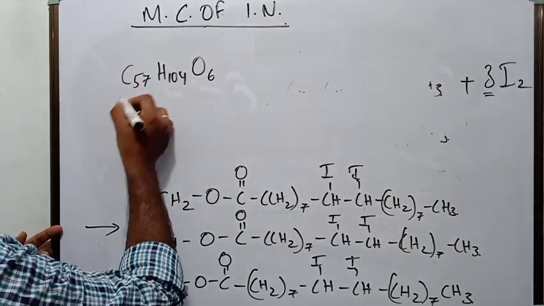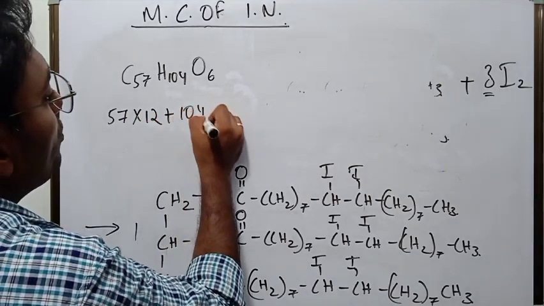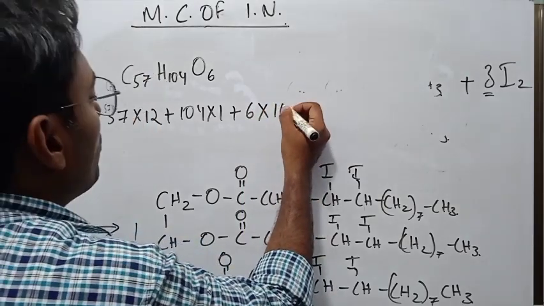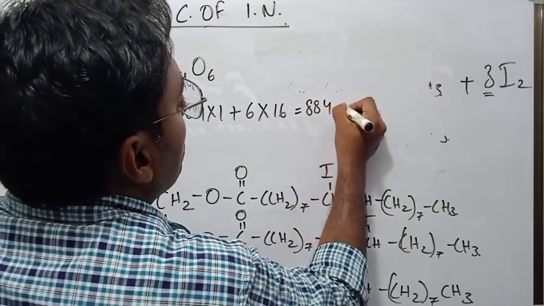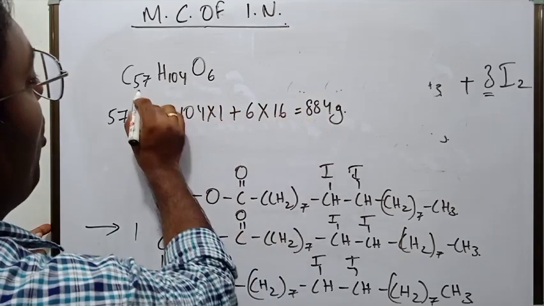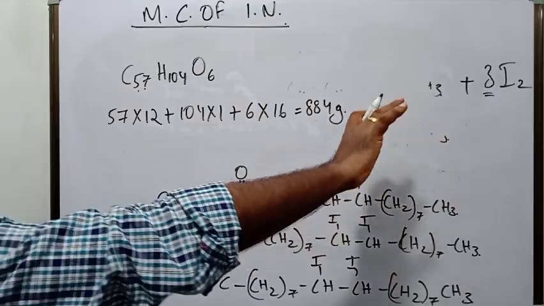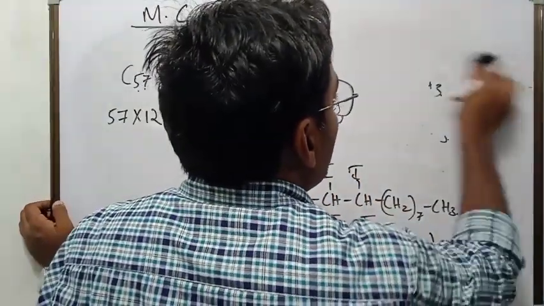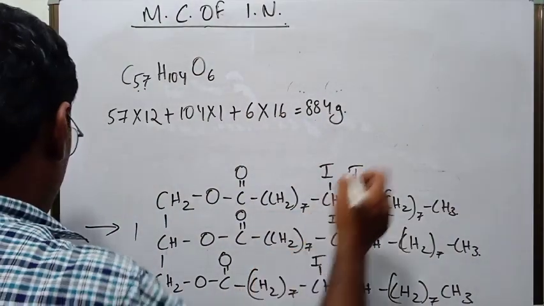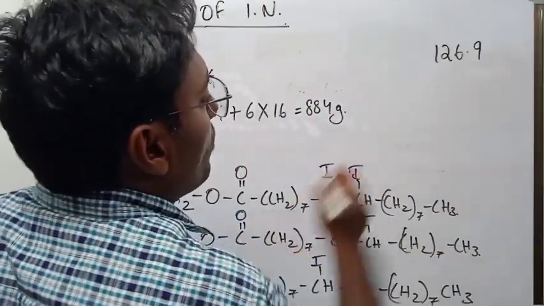If you are calculating the molecular weight, it would be 57 into 12 plus 104 into 1 plus 6 into 16. So that will give you 884 gram. So you are using 884 gram of glyceryl trioleate. Now we will calculate for iodine, molecular weight of iodine. What is the molecular weight of 1 iodine? That would be 126.9. And how many iodines did we use?